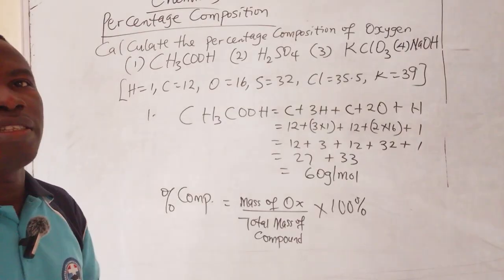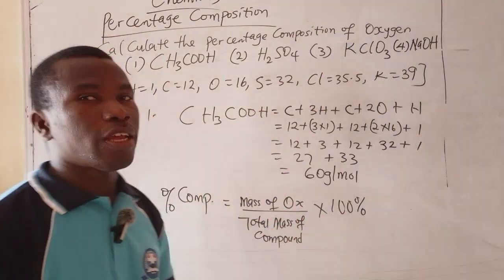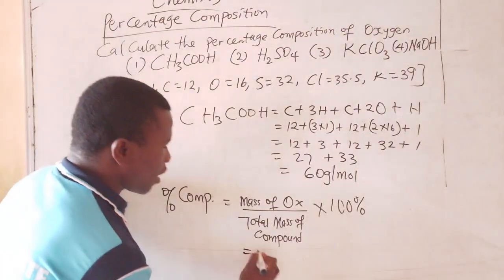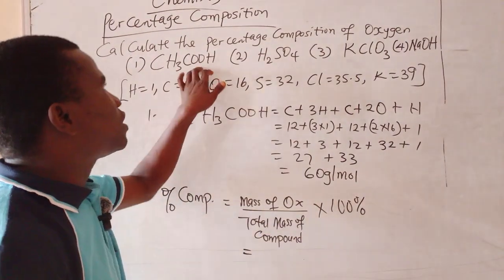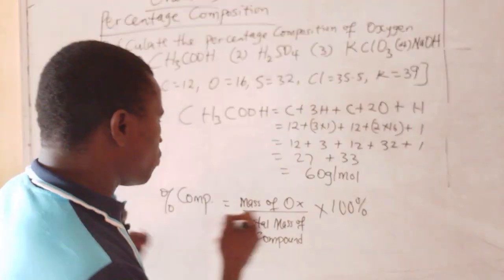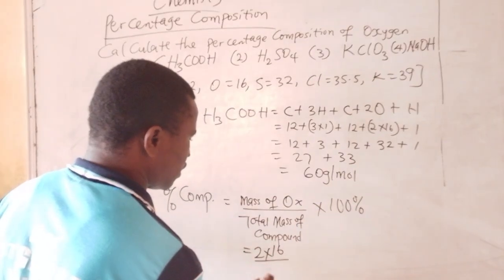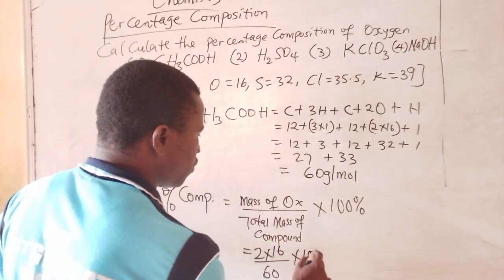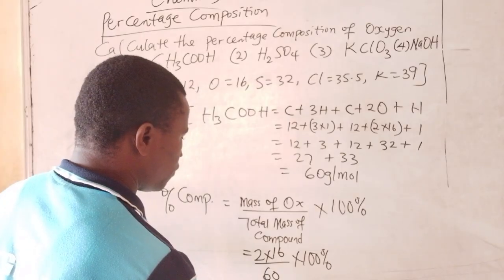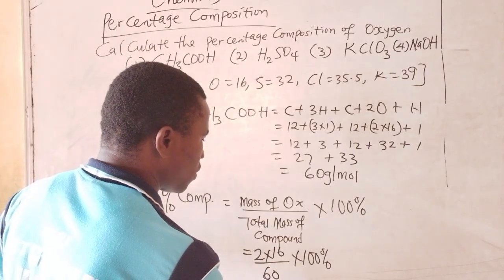Now, the mass of oxygen: in this particular compound we have 2 oxygens, so we must make reference to that as 2 times 16 over 60 times 100%, which is 32 over 60 times 100%.